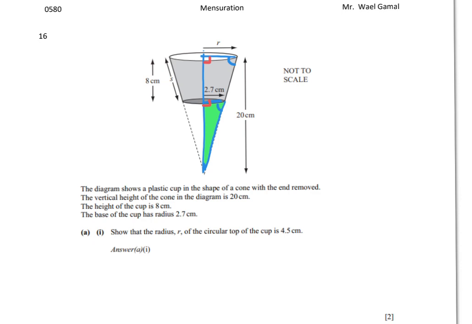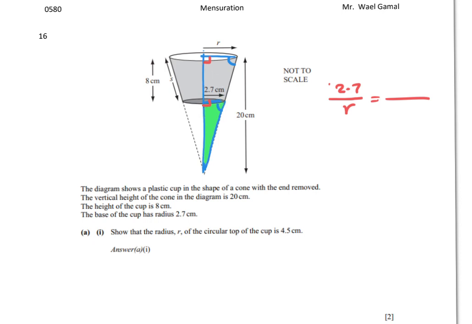So we can say that the radius, this side for the small triangle, the ratio between this radius and that one, 2.7 to R, is the same as the ratio between the height of the small triangle and the height of the bigger one. We can find the height of the small triangle by subtracting 8 from 20. So 20 minus 8 equals 12.